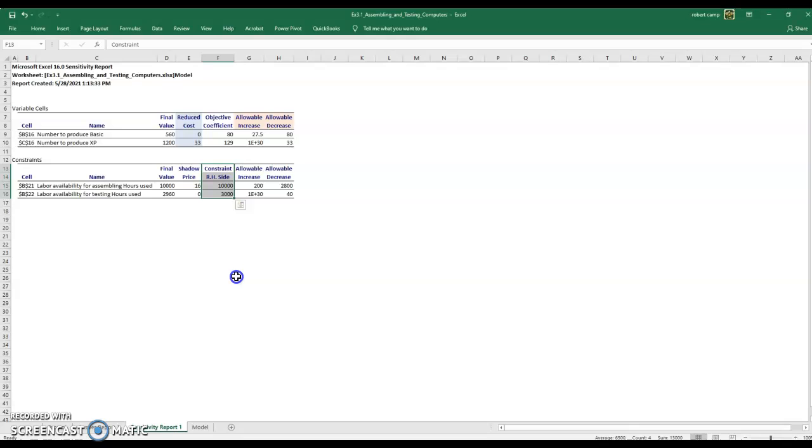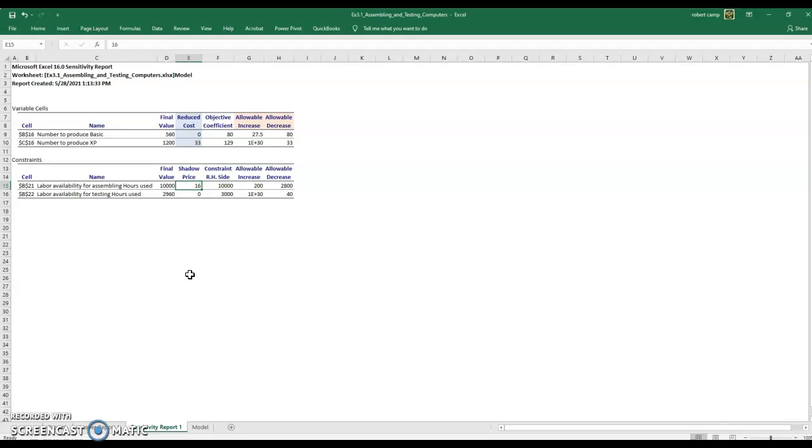So if I increase the constraint, the right-hand side, by 1 unit, the shadow price is how it affects the objective function. So if I increase the right-hand side by 1, the objective function would increase by 16. In this case, since it is profit, our profit would increase by $16.